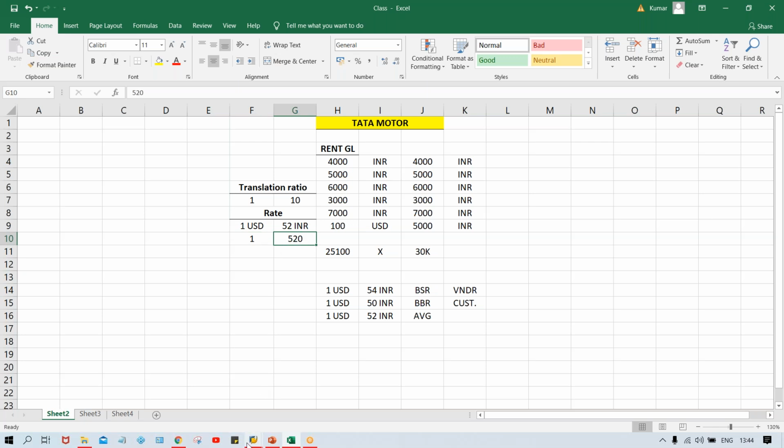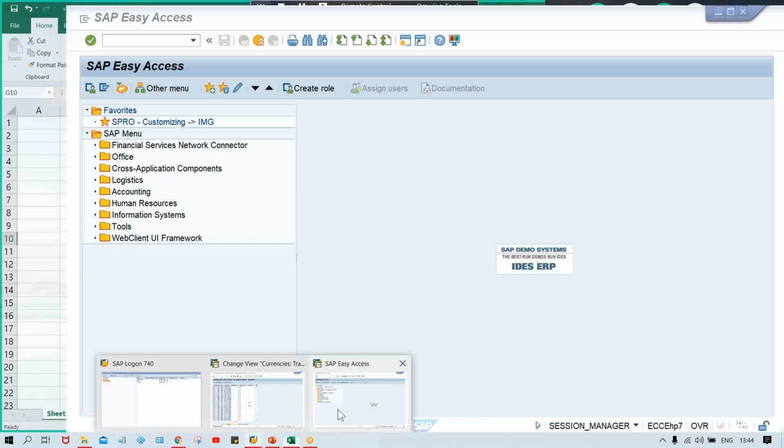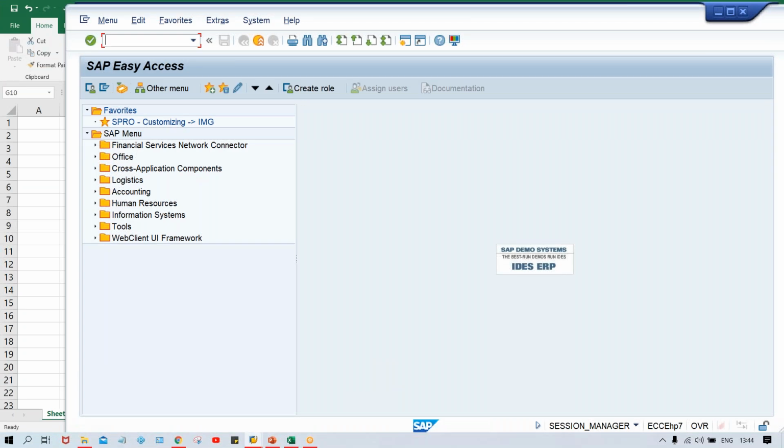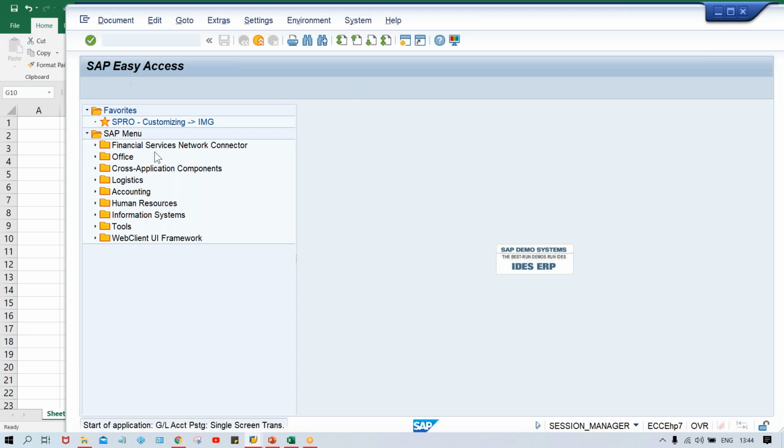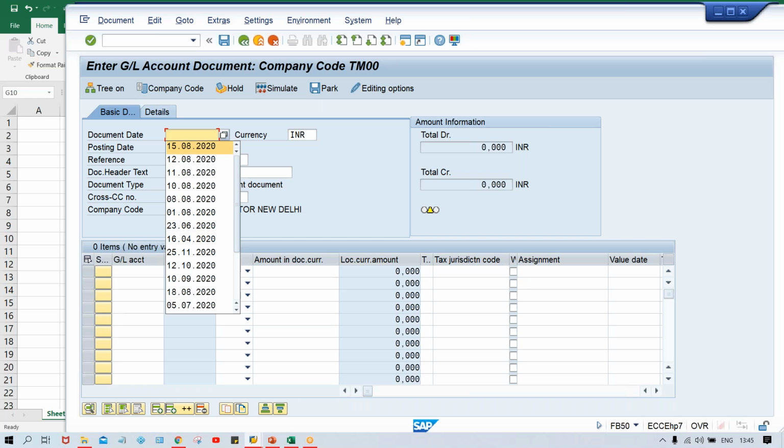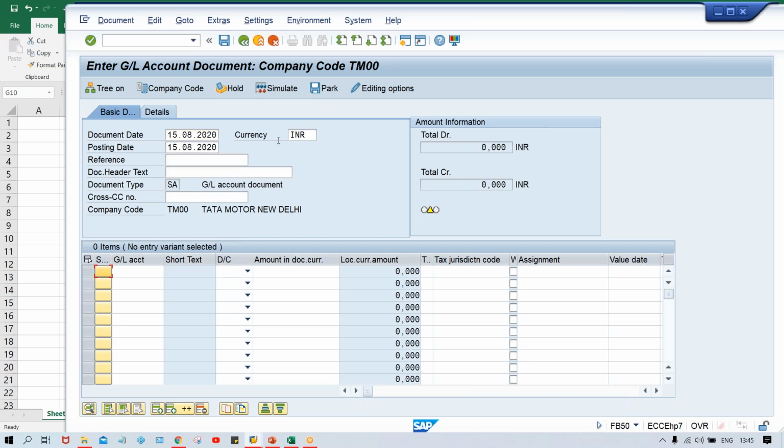I'll just show you, guys. I have not quoted my example yet, so just wait a few more minutes. I will explain FB50 and give the date here, and first of all your currency. So let's suppose USD, and here let's suppose 1 USD, and give the credit GL.